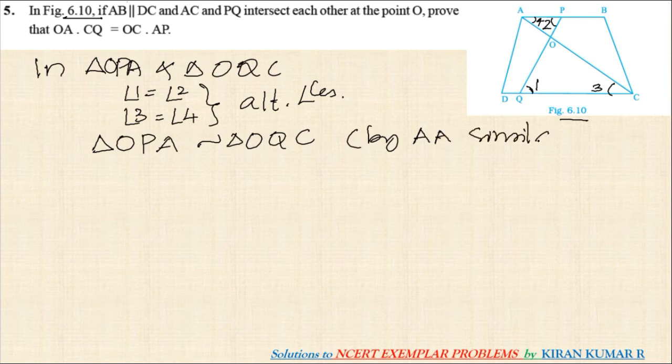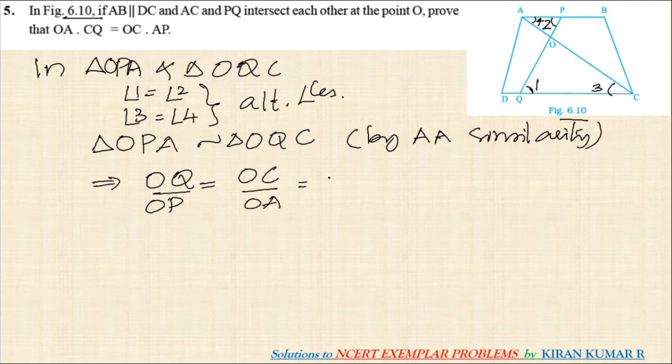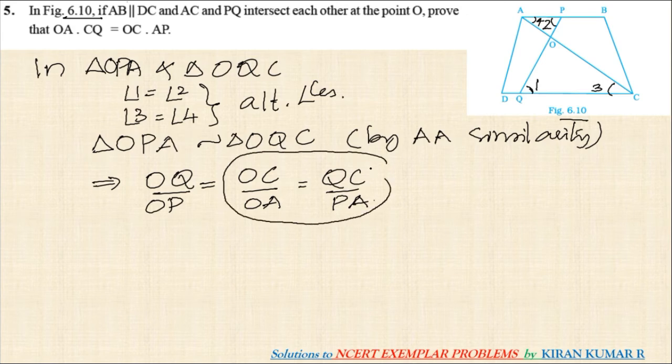Since the triangles are similar, I can consider the ratio of their sides: OQ upon OP will be equal to OC upon OA, which will be equal to QC upon PA. When OA is multiplied to QC, we get PA multiplied to OC. I'll consider only this part. From this, OA multiplied to QC will become OC multiplied to AP. Hence proved.